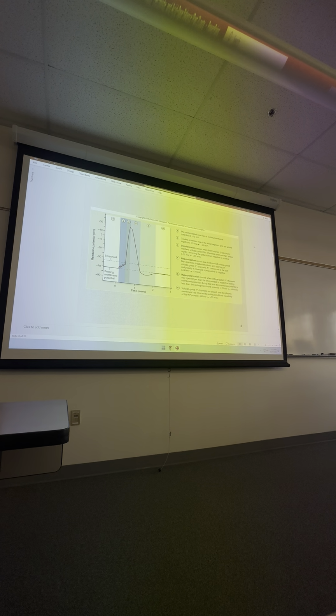Sodium gated channels haven't closed, they're open, potassium's out, sodium's in, I should say. High sodium potassium concentration outside the cell. No? I'll rewatch the video a few times. Think it through.